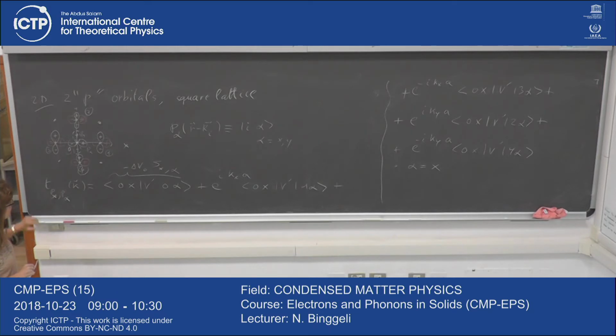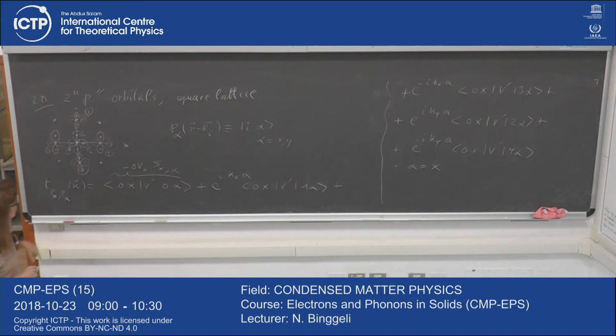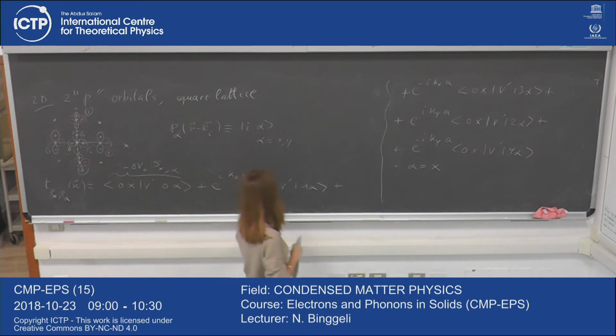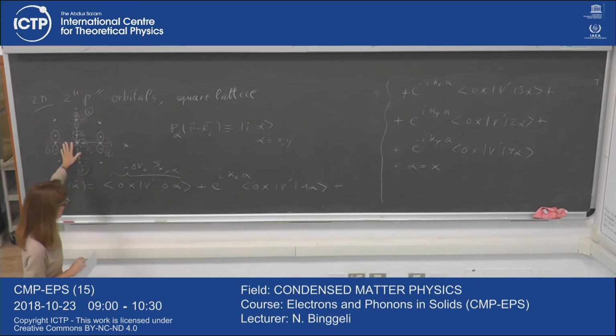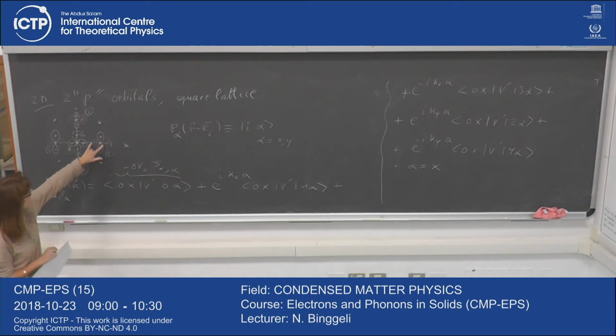So the first term will give a contribution, it will be minus delta v, and the second term, here I have to evaluate the matrix element between the px orbital at the origin and the px orbital on the atom 1.